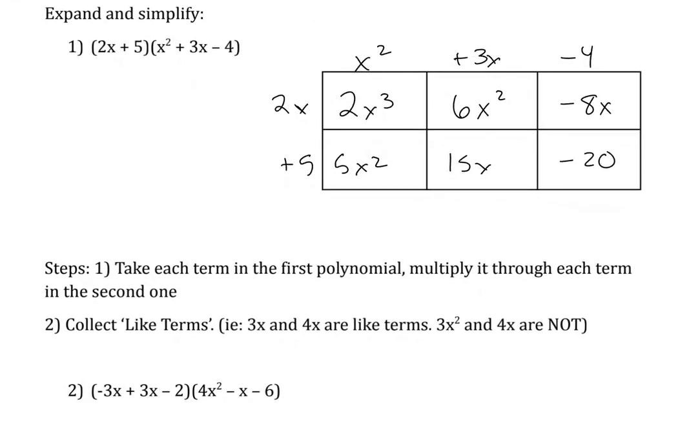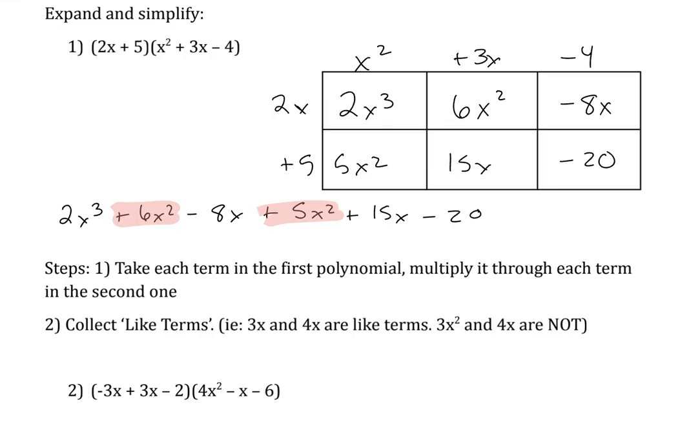Now we're going to collect all these like terms. So we're going to say 2x to the power of 3 plus 6x squared minus 8x plus 5x squared plus 15x minus 20. I know you know how to do this already because I taught you in grade 9, but we're just going to collect the like terms. So x squareds go with x squareds.